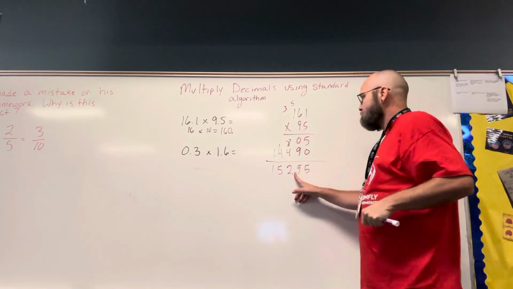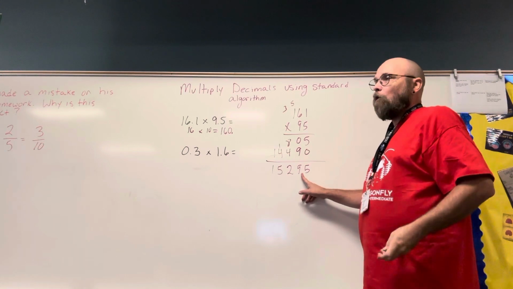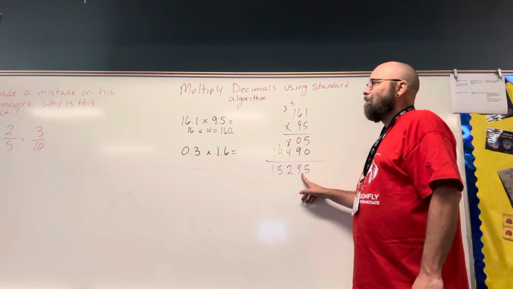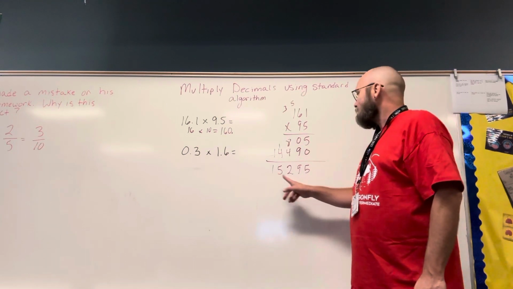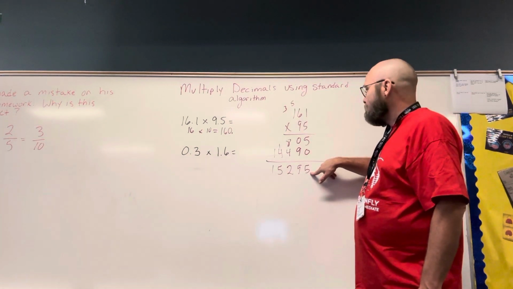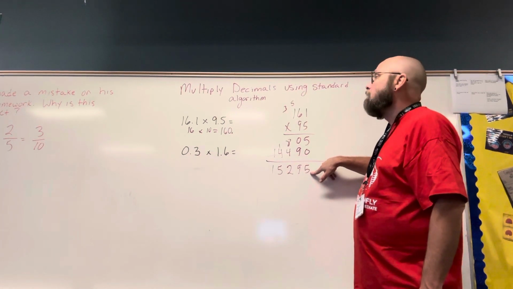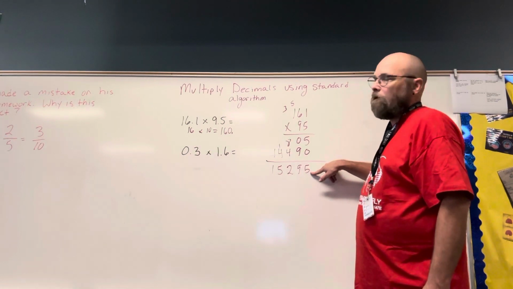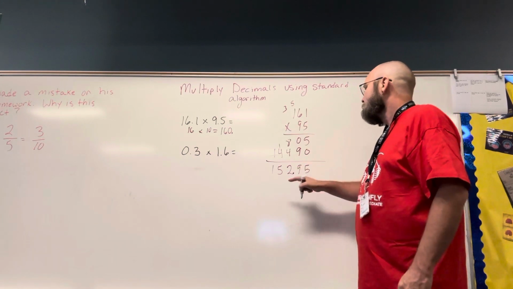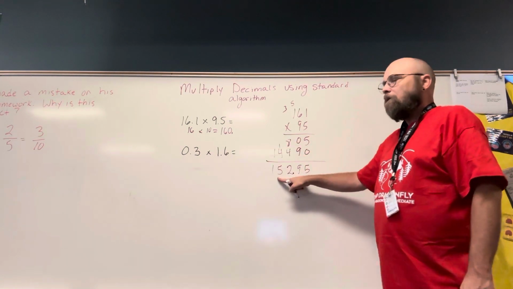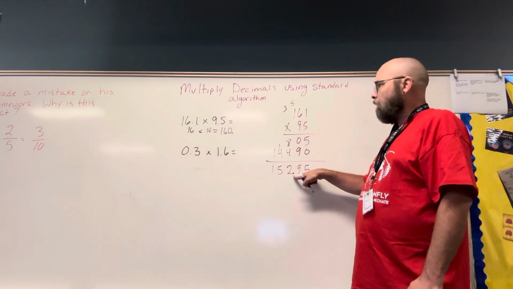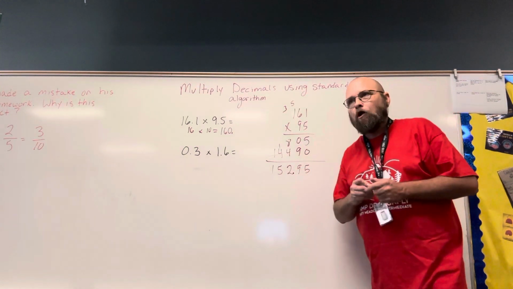Pretty close to 160. If I put it here, my whole number is 1,529. Not very close to 160. If I put it here, my whole number would be 15,295. Definitely not close to 160. So using the estimate, the decimal point would go right here to make my product close to 160.